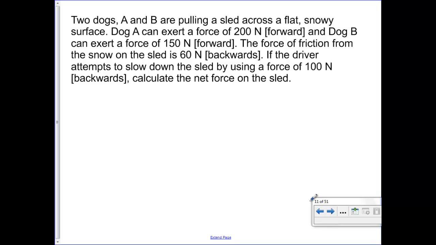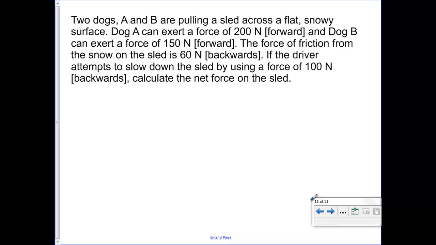So you got two dogs pulling a sled. Dog A is slightly stronger than dog B. Apparently dog A is the alpha dog, dog B is the beta dog. I don't know. So one dog is stronger than the other. There's also friction, which would, in theory, be pulling the sled backwards. And the driver also tries to pull the sled backwards. That makes sense so far?